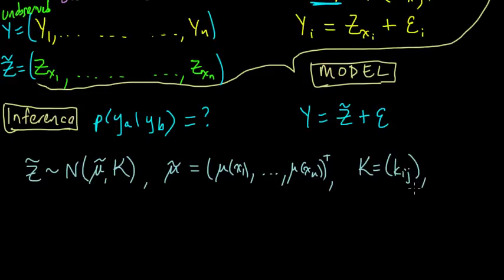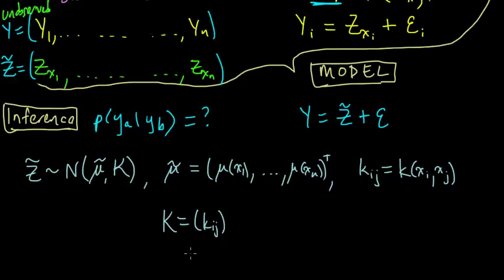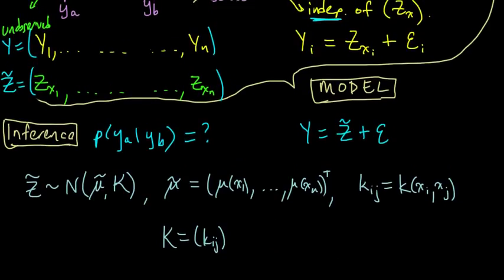So the covariance matrix is this K, where let's call Kij the kernel evaluated at xi and xj, and then K will be the matrix of Kij's. We'll come back to that in a second.